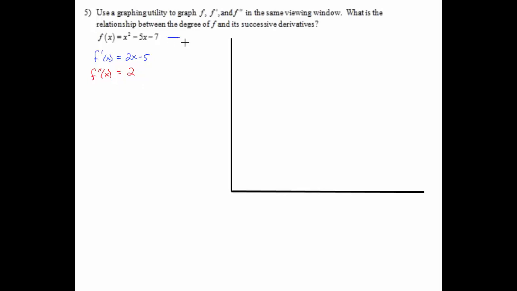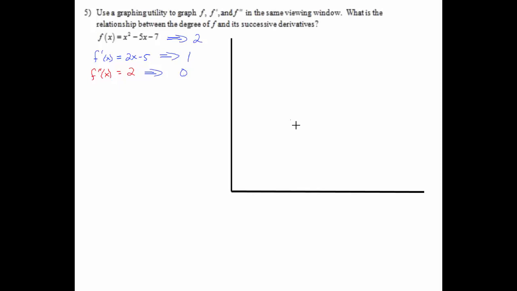You notice that the degree of the first f of x is degree 2. The degree of the first derivative would be degree 1, and the degree of the second derivative would be degree 0. So every time we take the derivative of a polynomial function, we decrease its power by 1.